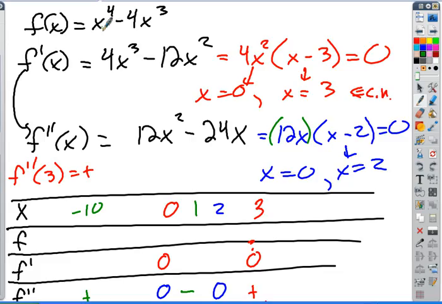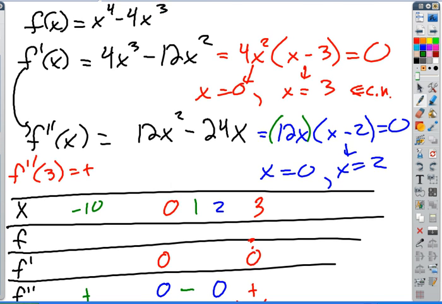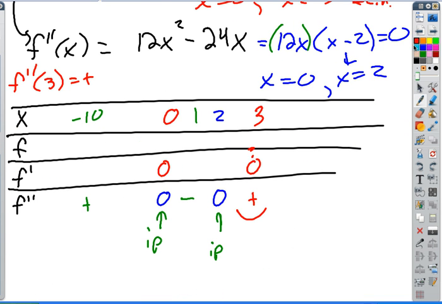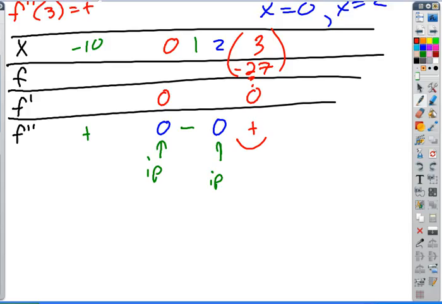I get 81 minus 108. So what is that? -27. Right. There's the ordered pair. And so if I wanted to graph this guy, we could just sketch a little graph of this.